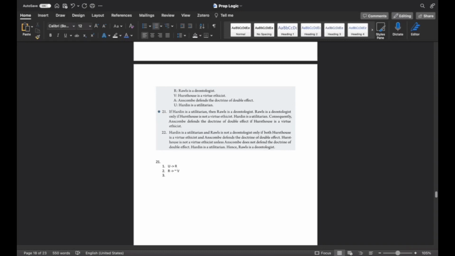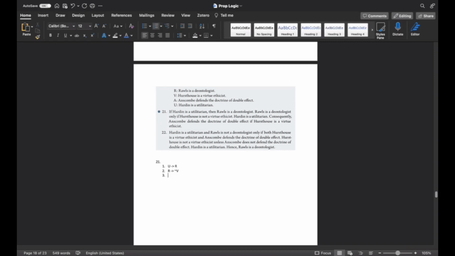Well, not Harden, but Hurst House. It's important to read carefully. You don't need to put a space between the negation and the letter, because that's one proposition, right?